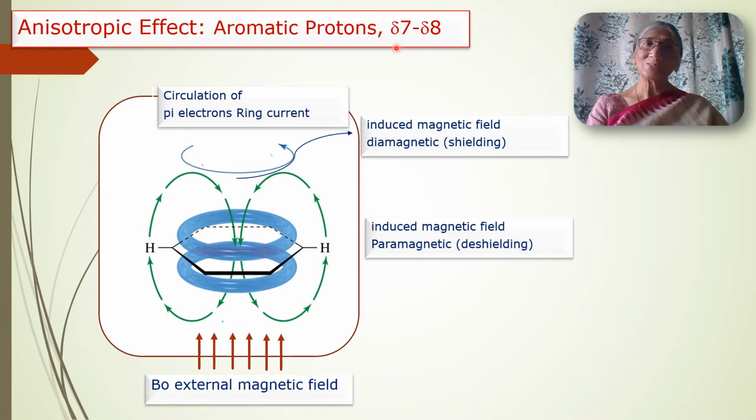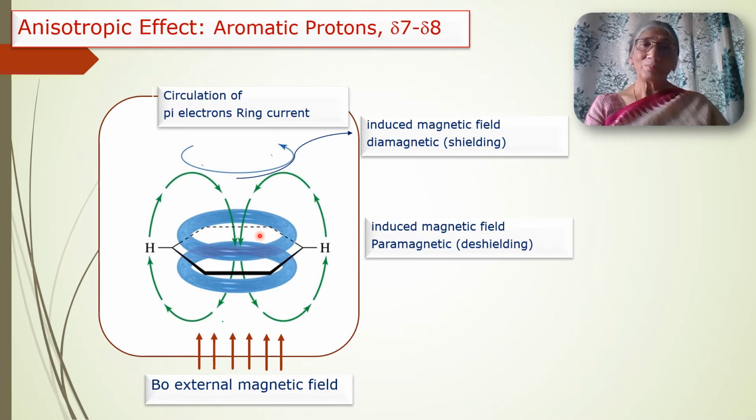The question is, why are aromatic protons more de-shielded than ethylenic protons? The answer lies in the structure of benzene or an aromatic compound. In an aromatic compound, we know that the pi electrons are cyclically delocalized.